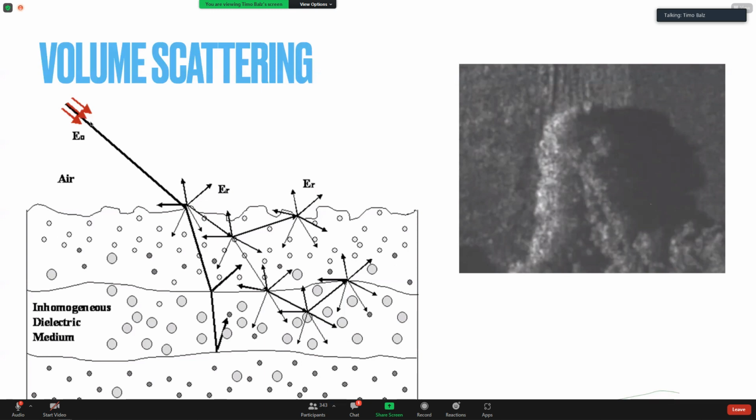Now, this can be a forest canopy. If you have longer wavelengths, it can also be very dry sand. It can be ice. There are some materials where the radar signal can penetrate. However, just because this question often comes, it's not going to penetrate very deep.